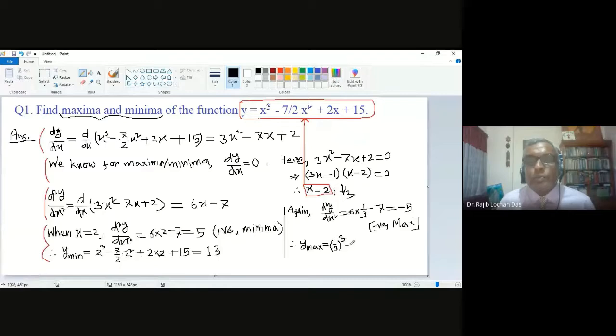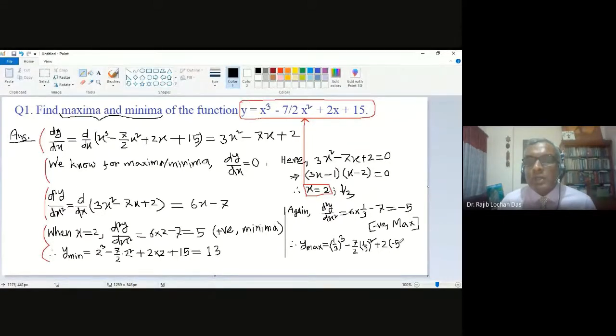So you will put this 1 by 3 value into the original function. Many people make this mistake. They put it in the first derivative or second derivative. That is not correct. And you cannot make any answer with the minus 5 or 5.